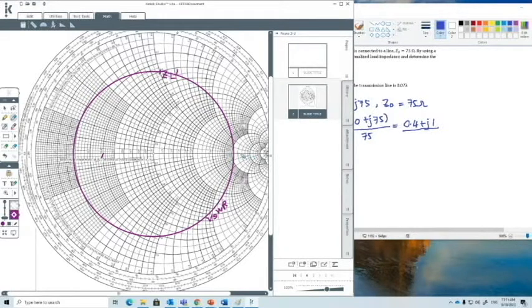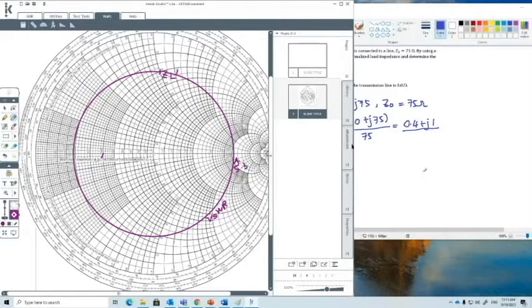So ini adalah 6, 7, 8, 9, 10. So it's around 5.5 pun tengah-tengah. So saya ambil dalam 5.3. Once you dapat, you plot dekat sini. So VSWR is equals to 5.3.